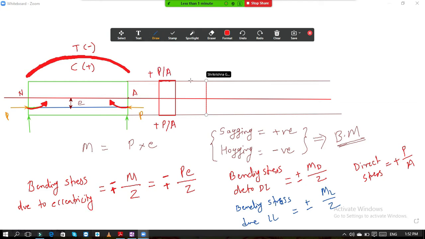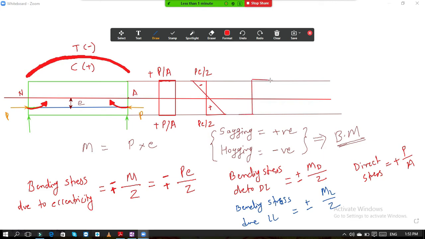So it is in this way. This will be the diagram. This is Pe by Z. Here it is minus, this is plus Pe by Z. And again the remaining two diagrams will be the same as we have drawn previously.